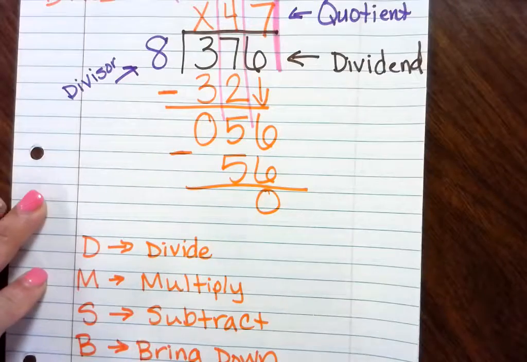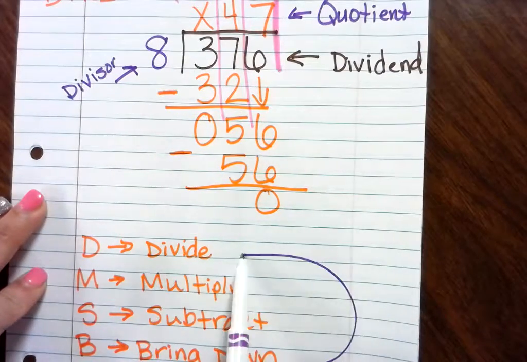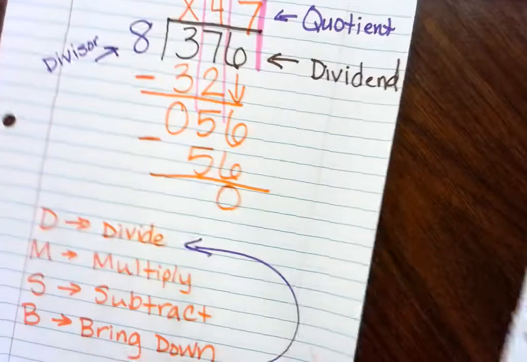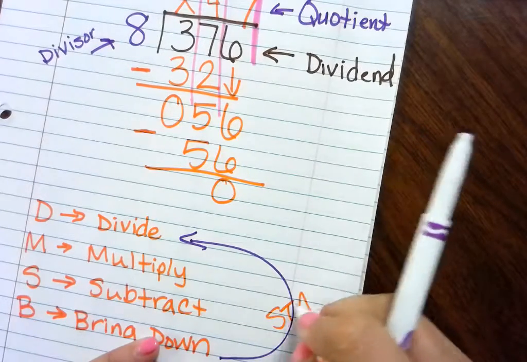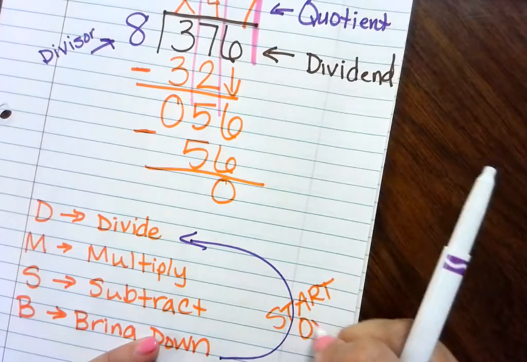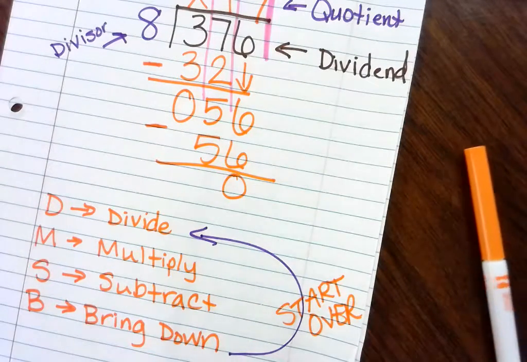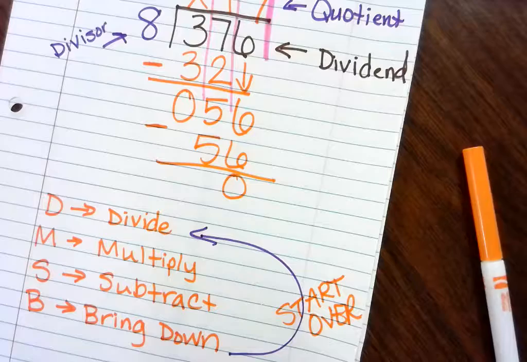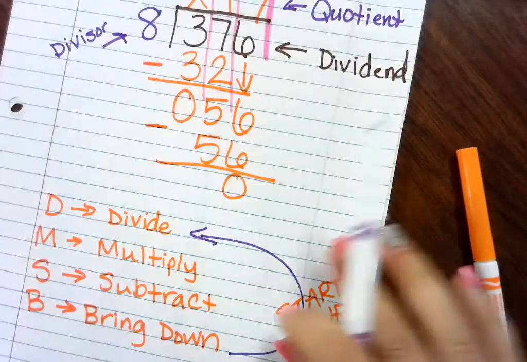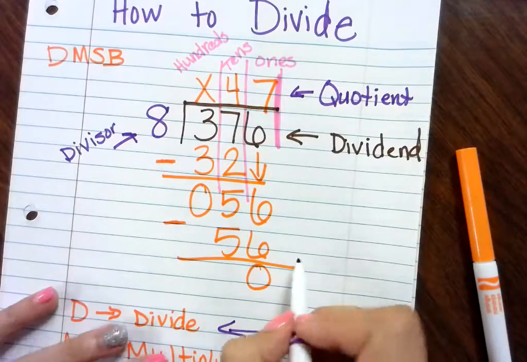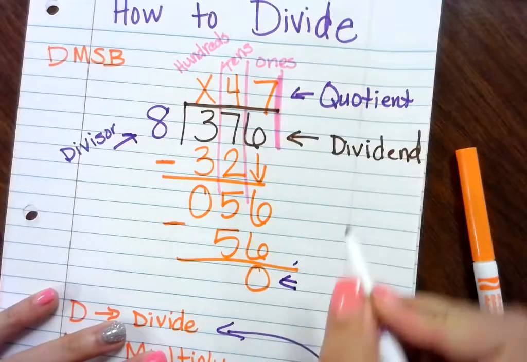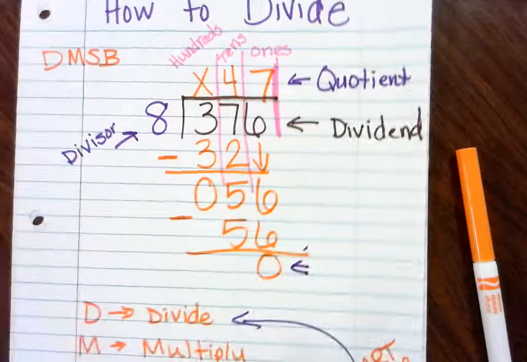And then I want you to take a little arrow right here, back up there, and tell me over here, start over. So when the only thing that remains here is a 0 and you're to your wall, that's how you know you're finished.